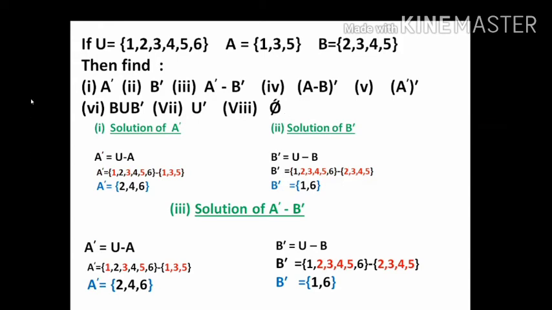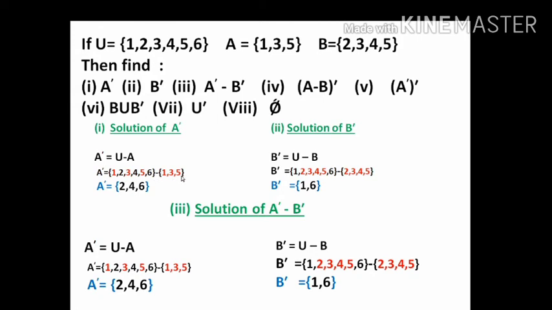Now we will solve its first part, that is A complement. A complement is equal to U minus A. Class, this is the formula to find the A complement. Then A complement is equal to members of the universal set 1, 2, 3, 4, 5, 6, then minus sign, then members of the set A 1, 3 and 5.